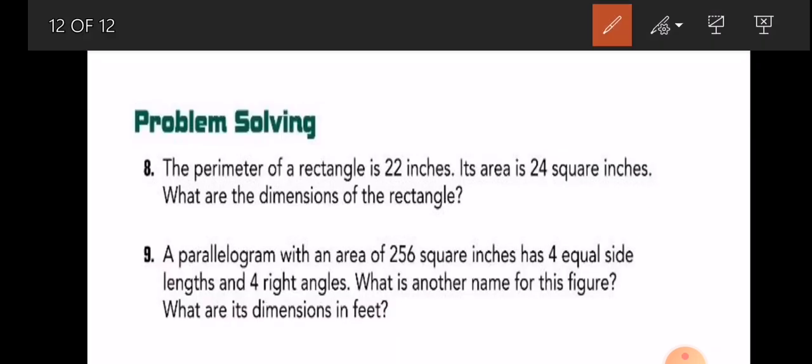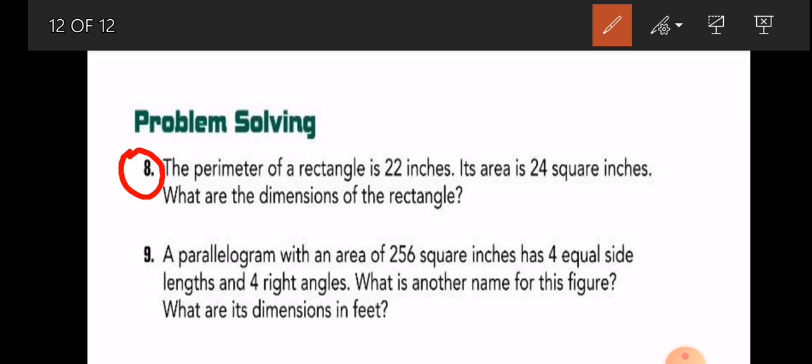Let's see the problem solving. Question number 8. The perimeter of a rectangle is 22 inches. The area is 24 square inches. What are the dimensions of the rectangle? How can we think here? Here I have the perimeter 22. The area is 24.